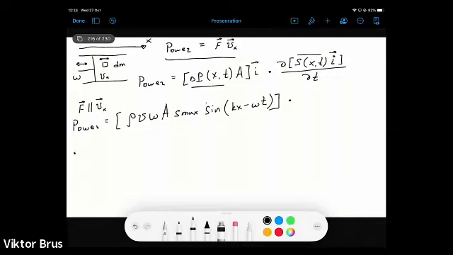Then we have a product. We multiply by the partial derivative of s as a function of x and t over dt. So let us write it. We have d over dt, and here is s maximum times cosine of kx minus omega t.